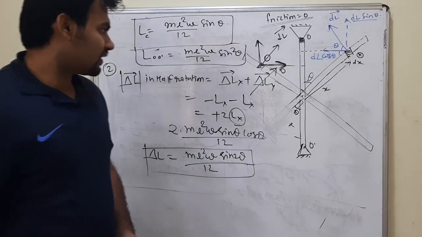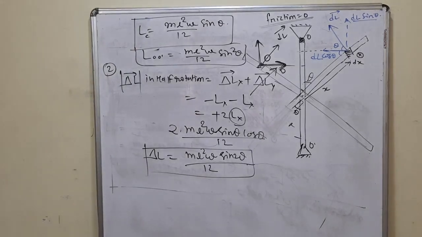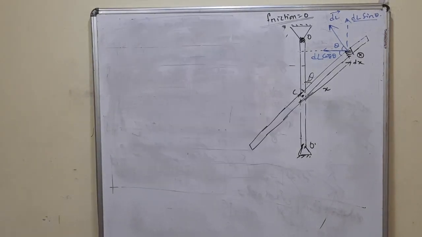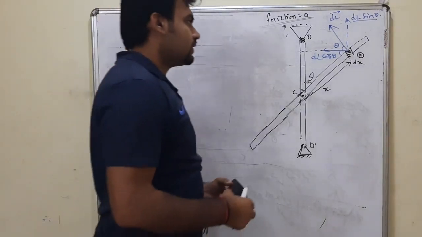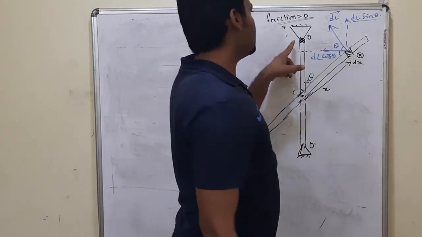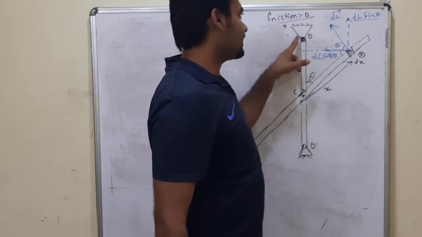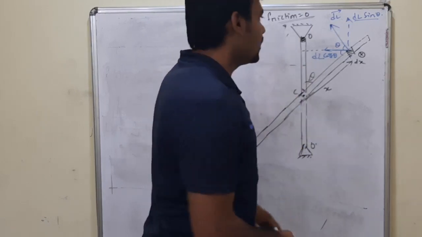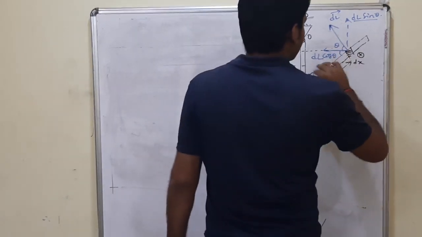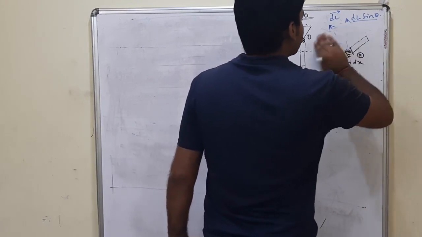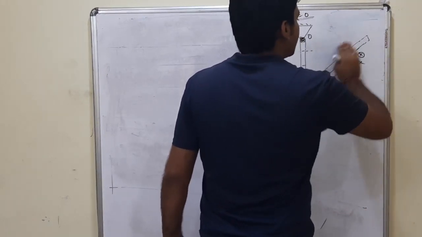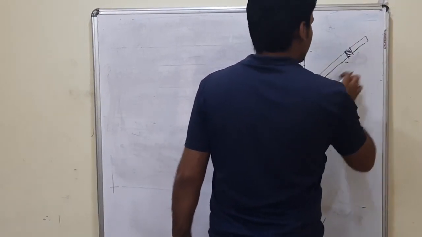Okay, now for the third part. In the third part, we have to find the moment of the external forces which are acting on the axle O and O dash. We can see that when this rod is rotating like this, on each element of the rod a centrifugal force will be acting.